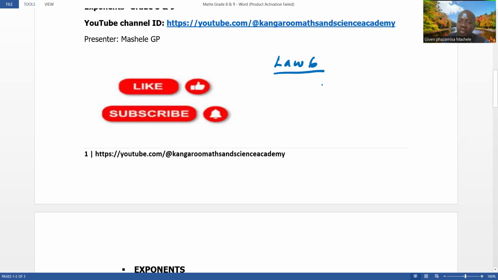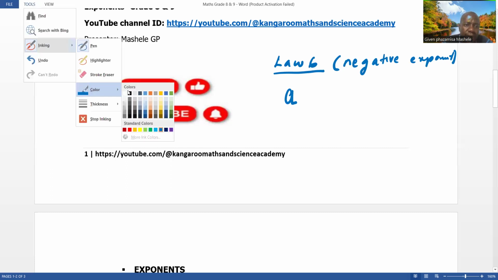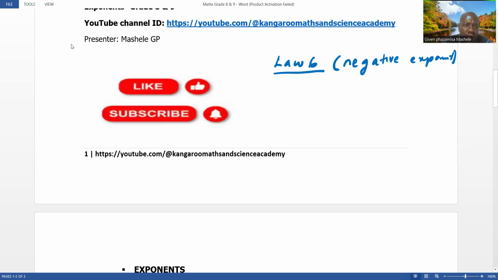Law number 6 is where we are dealing with negative exponents. The negative exponent law says when we have a raised to the exponent negative n, you see, our exponent is negative.